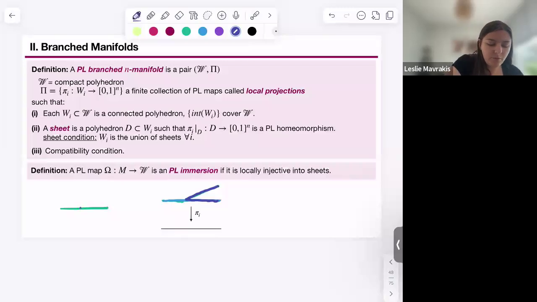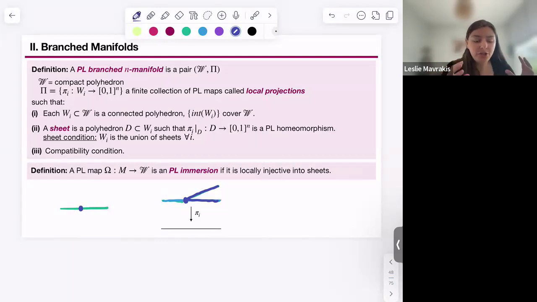This point, if it's mapping right here, doesn't have a neighborhood that injects completely into a sheet. And so while we don't have a well-defined tangent space like Williams does, the sheet structure is really telling you what you can do in an immersion.